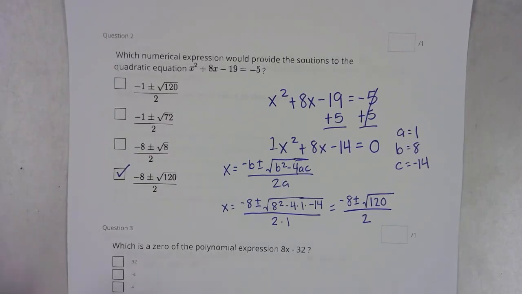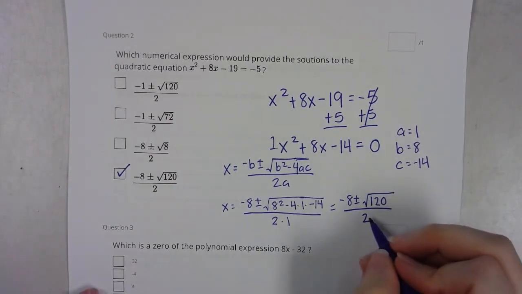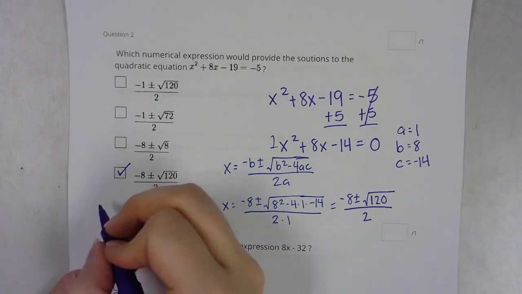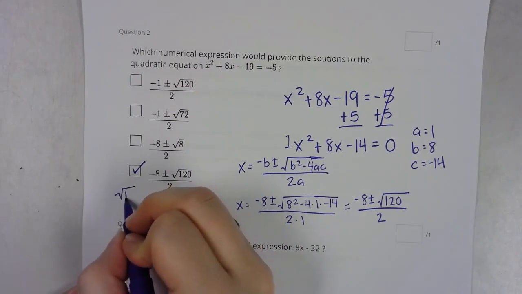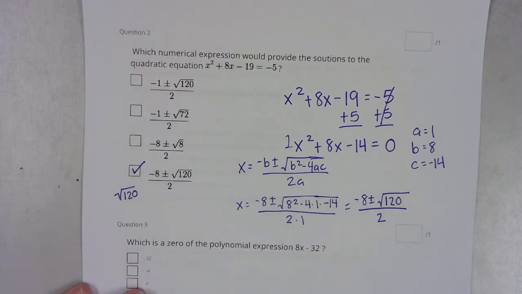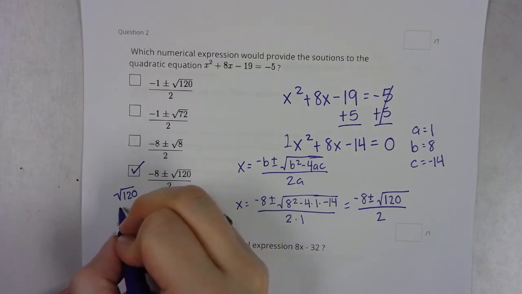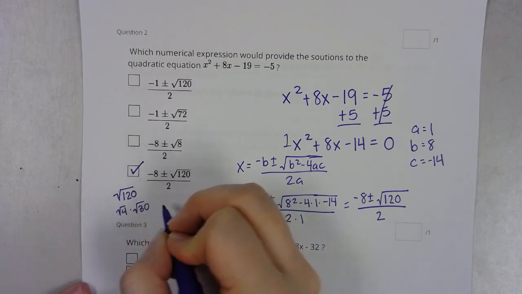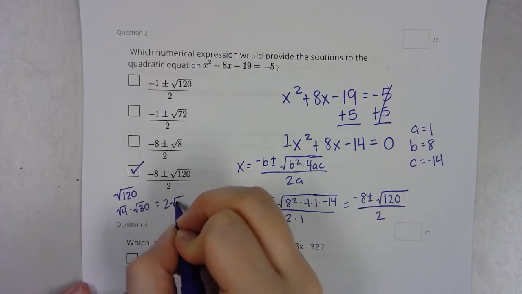Now, in all technicality, that's not completely simplified because I can simplify this radical. Remember, just quick review, square root of 120 is the same thing as square root of 4 times square root of 30, which would give me 2 square root of 30.